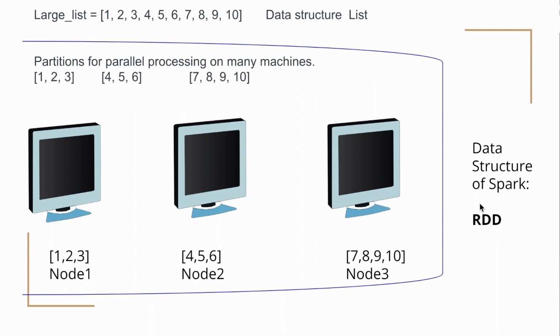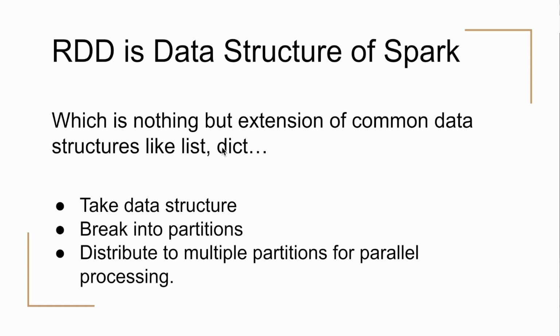So RDD is nothing but an extension of everyday data structures like lists and dictionaries. The cool part is how we take these common structures, break them into partitions, and then spread them across multiple nodes. And Spark will take care of all these partitions, how the partitions will be made and where they will be stored.